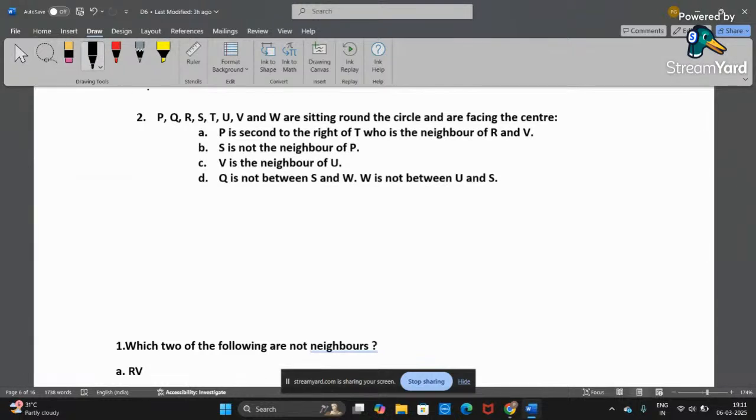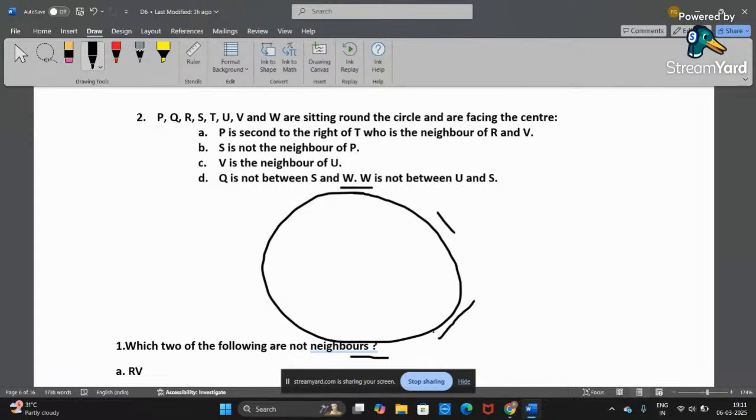First, just solve it. P, Q, R, S, T, U, V, and W are sitting around the circle and are facing the center. That means one is sitting here, one is sitting here, one is facing this side, this side.